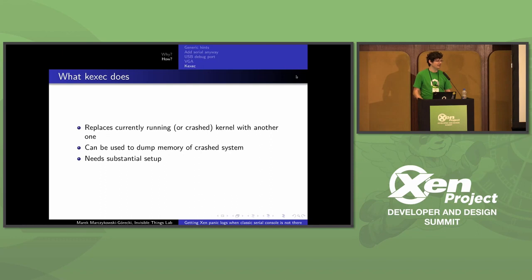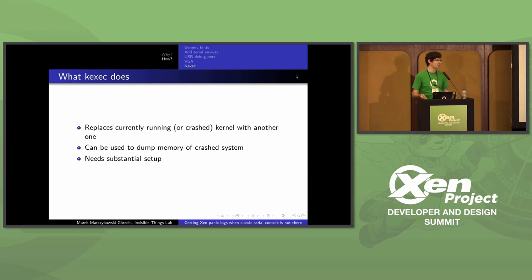So the general idea is with kexec you replace the running or crashed hypervisor with some other kernel, usually Linux. And this Linux is loaded into reserved memory.